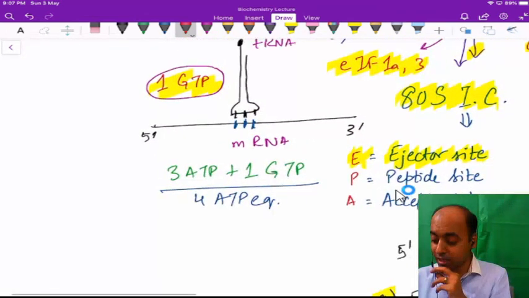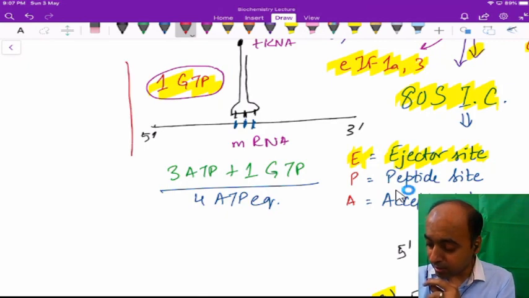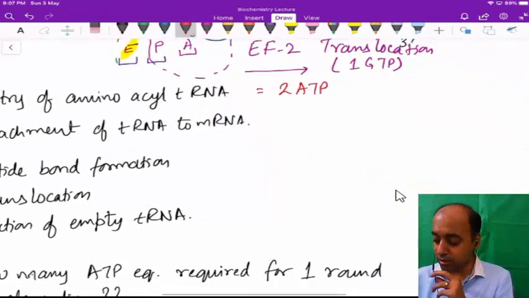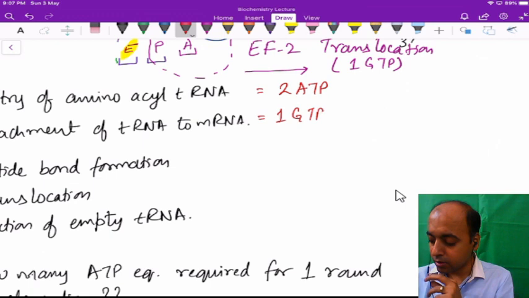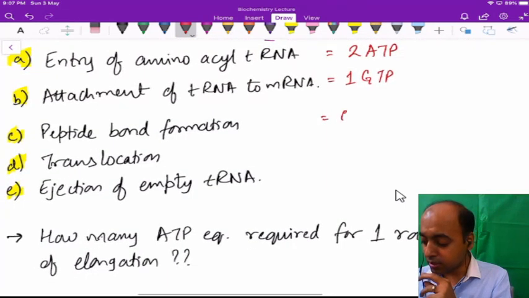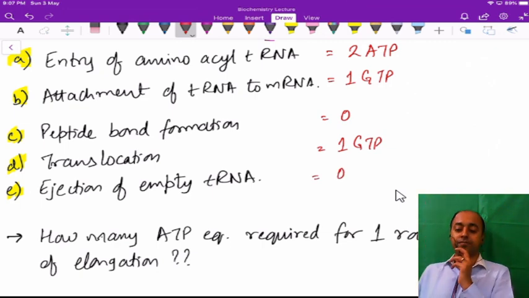Attachment of tRNA to messenger RNA, we said, requires 1 GTP. We specifically mentioned that the peptide bond formation doesn't require energy, but the translocation requires 1 GTP. In addition, the ejection doesn't require energy.